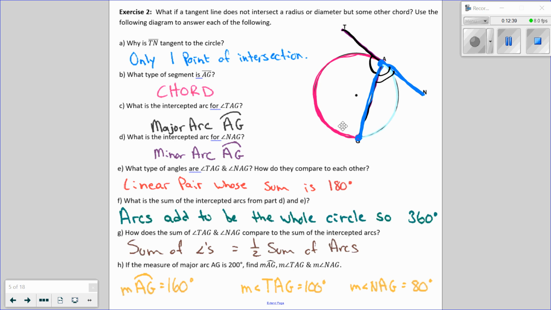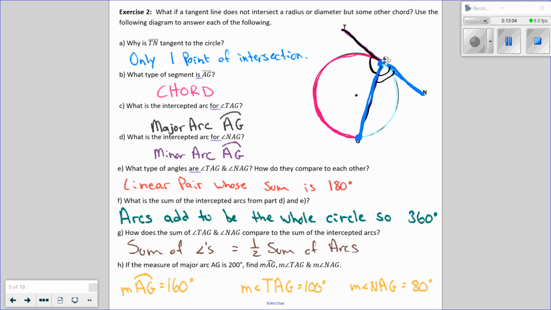What follows: major arc AG of 200 degrees divided by 2 gives us angle TAG as 100 degrees. And then the linear pair means that angle NAG would be 180 minus 100, or 80 degrees, which is also half of arc AG.